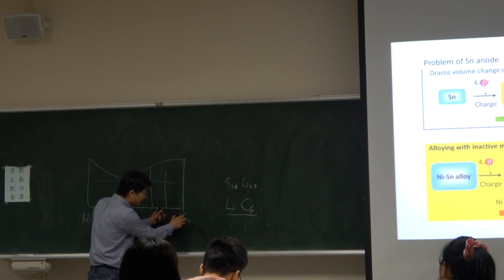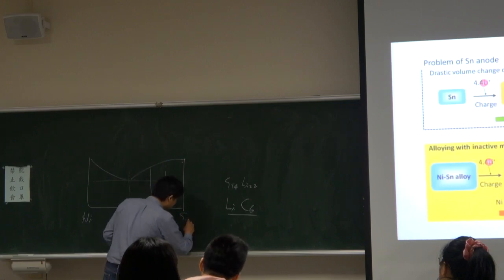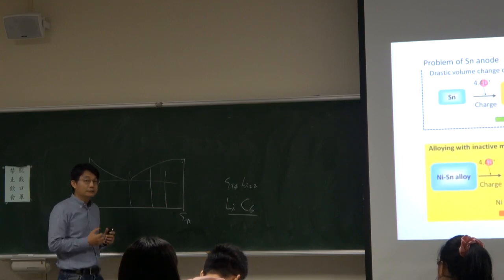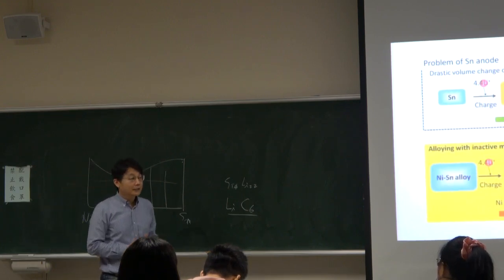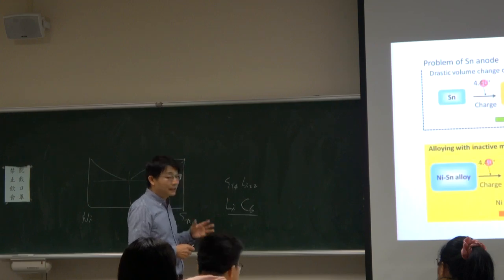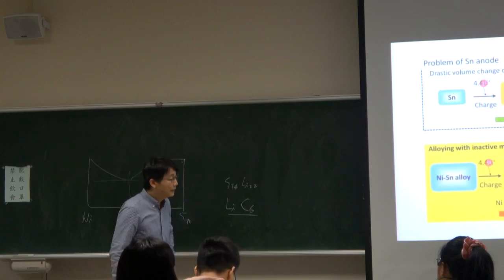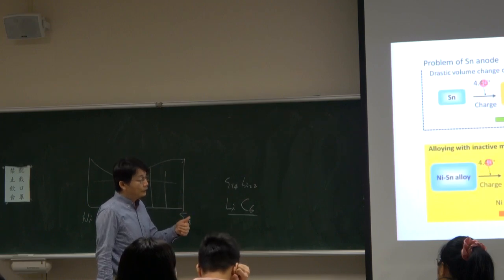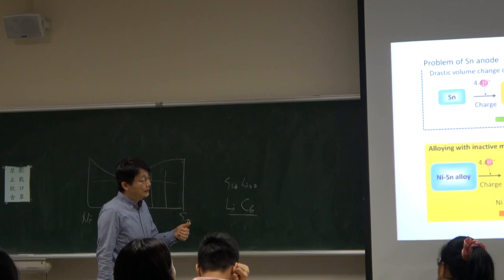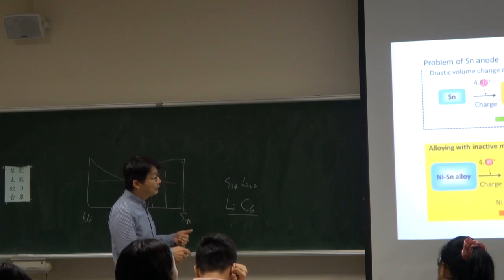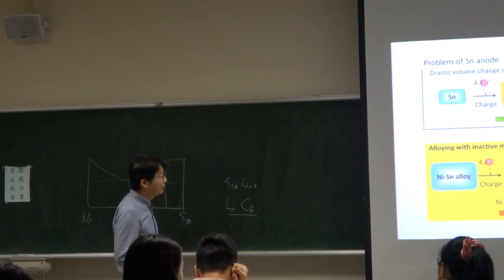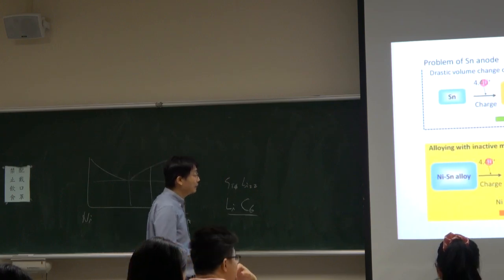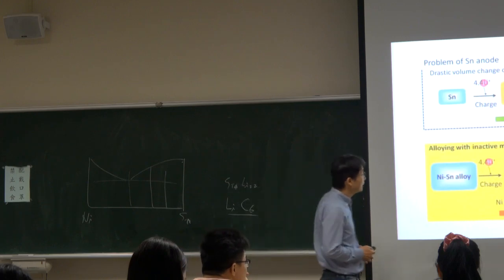You have to modulate the percentage of tin or nickel, and then observe the best condition. The best condition still needs to be observed through charge and discharge, coulombic efficiency, and also the mechanical property, including volume expansion. So this is a long-term experiment to do.